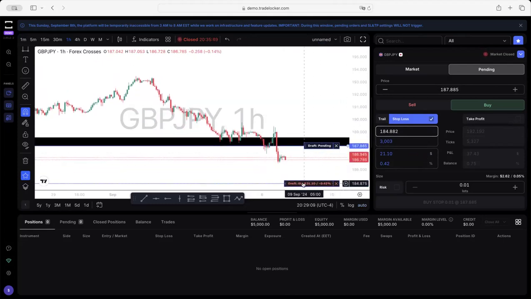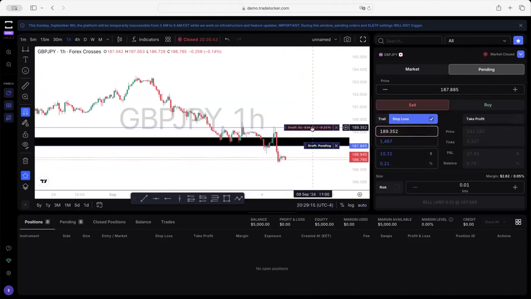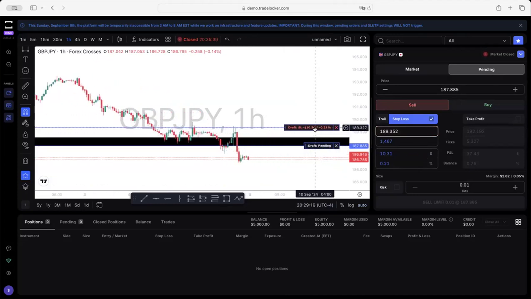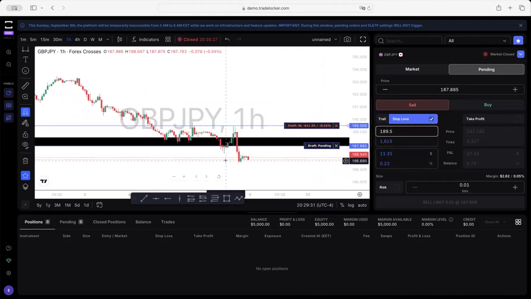Oh, why did that go all the way down there? Oh, wait a minute, because I need to sell. That's why. So the stop loss is going to be $10.31. This is at a 0.01 lot size. Okay. If I put my stop loss above this zone, because that is the last swing, I will lose $11.35.